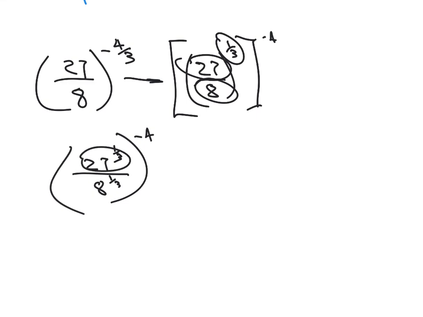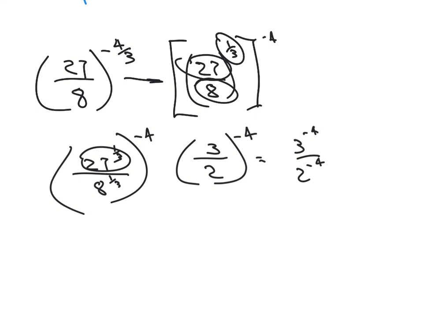So the cubed root of 27 is 3. Cubed root of 8 is 2. And that has the minus 4 on it still. And then that minus 4, well, let's just put an extra step in here. That is also going to be that over 2 to the minus 4.